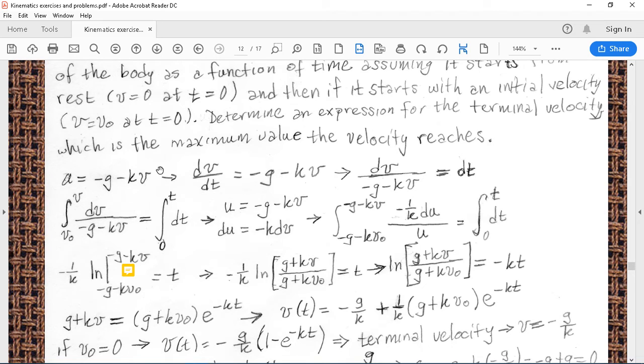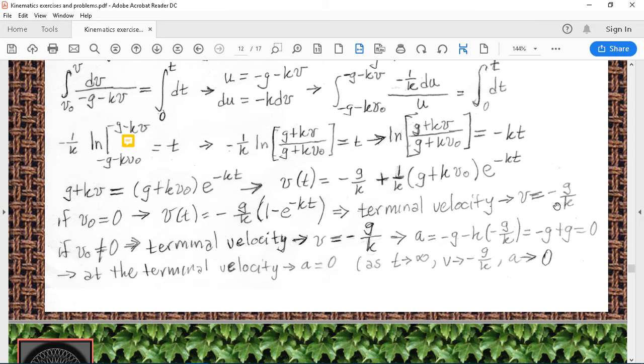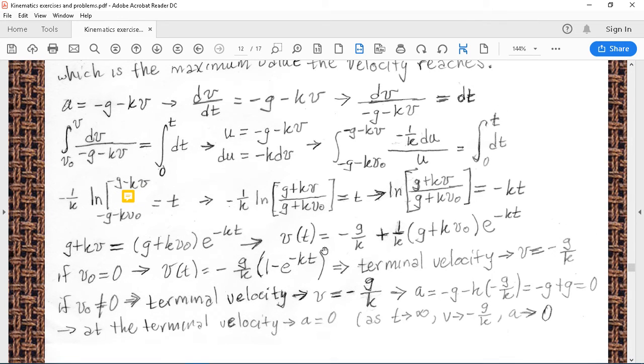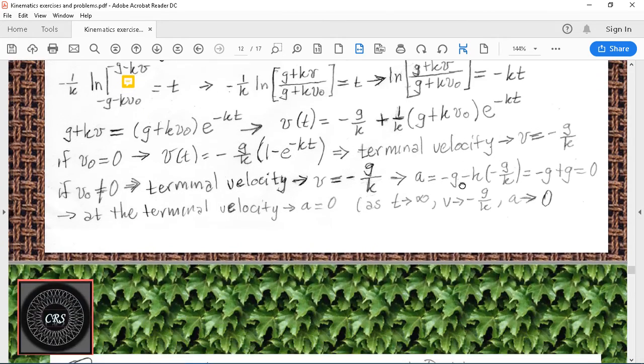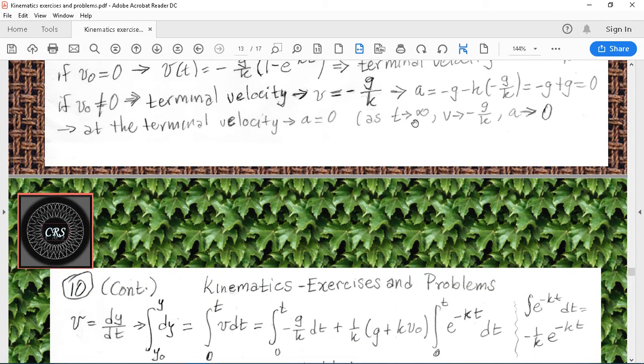Since the body starts from rest, its minimum speed in terms of absolute value, or magnitude, would be 0, and of course the maximum speed would have to be g over k, for which then the acceleration would be 0, which you can see if you replace minus g over k here. k and k cancel out, the minus cancels out with this minus, leaving a plus, and minus g plus g equals 0. So as t tends to infinity, v tends to minus g over k, and a tends to 0.